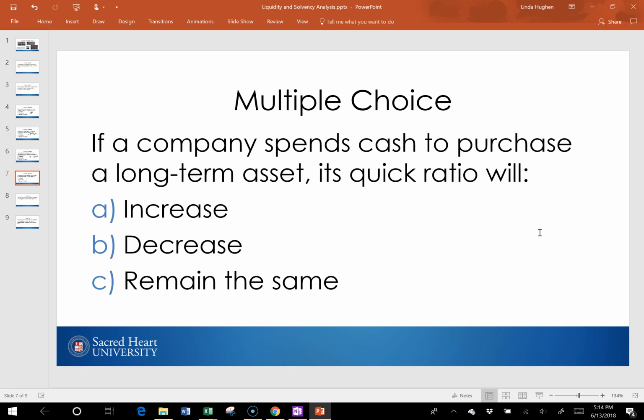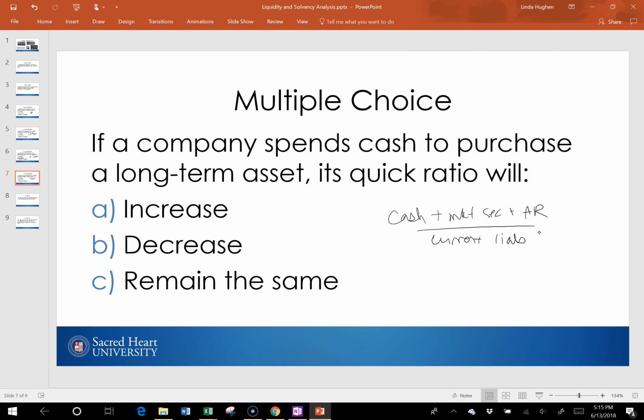Our last question. If a company spends cash to purchase a long-term asset, what will happen to its quick ratio? Will it A, increase, B, decrease, or C, remain the same? The answer to this, again, is decrease. So if the company spends cash, remember the quick ratio is cash plus marketable securities plus accounts receivable divided by the current liabilities.